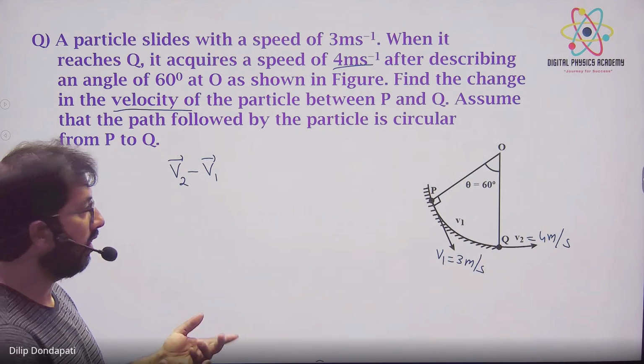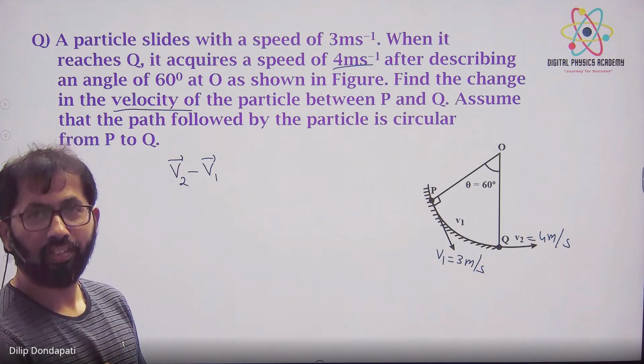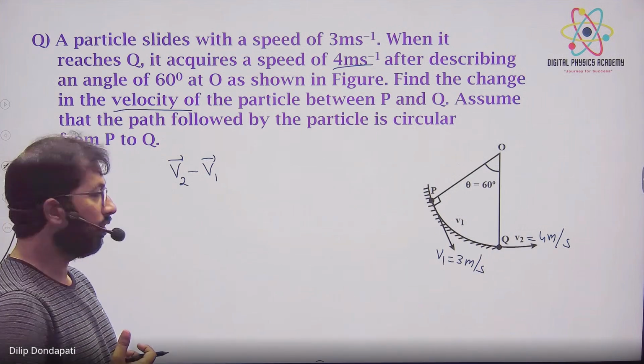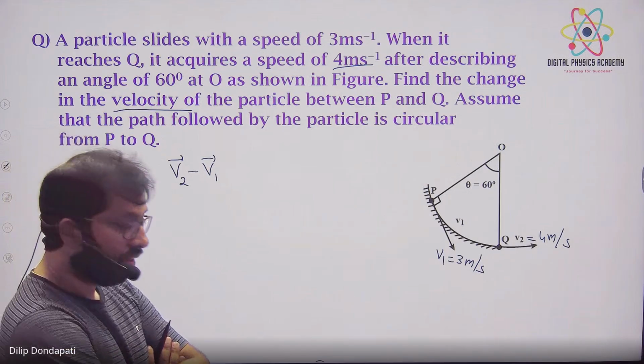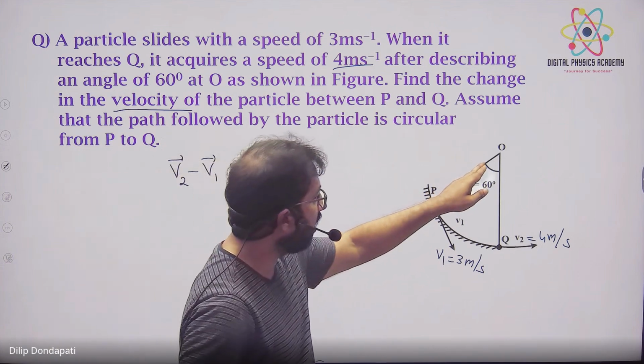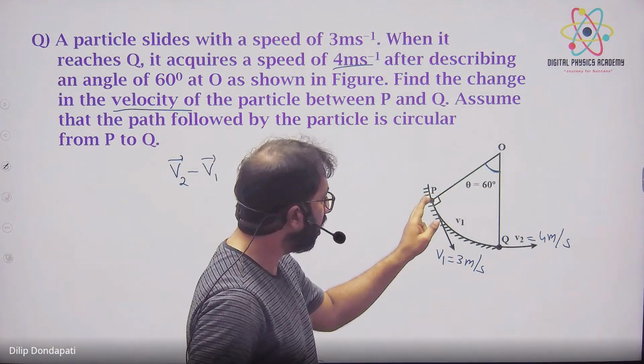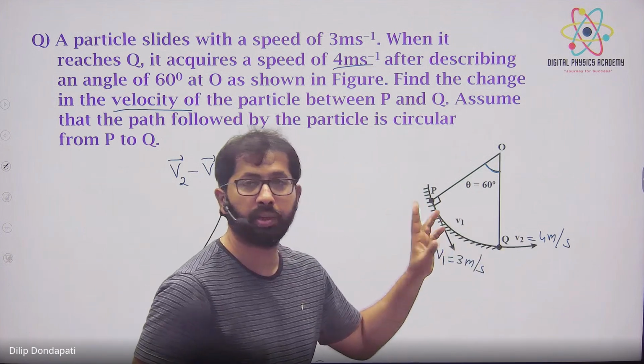Sir, isn't the angle 60 only? Why? Because it subtends 60 degrees in the arc. This is 60 degrees they given, but इन वेक्टर के बीच में एंगल नहीं दिया.